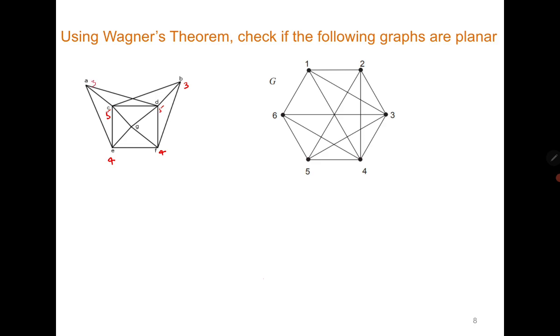Now to have K5 as graph minor, I need 5 vertices of degree 4 or at least 4, and G the degree is 4. So already in the center you can see that there are vertices whose degree is 4 or more than 4. But at the same time it does not lead you to K5. So what you need to do is that you need to contract some edges.